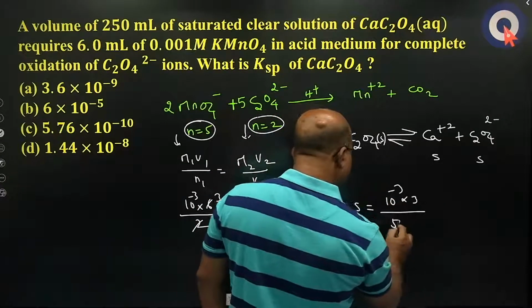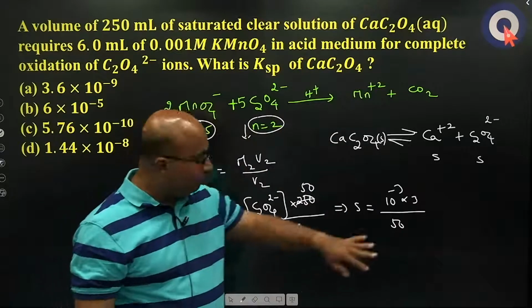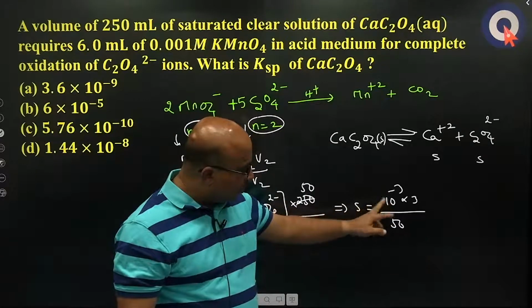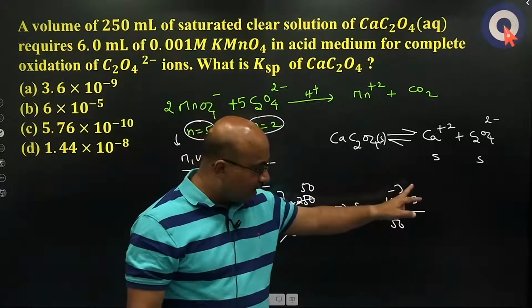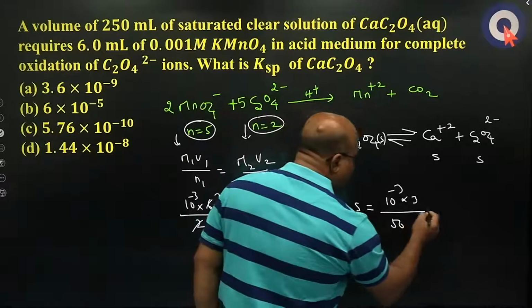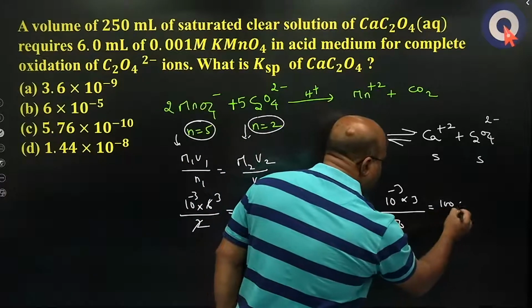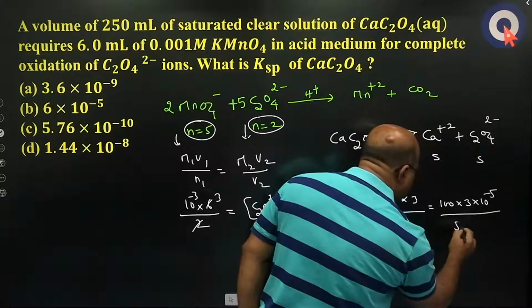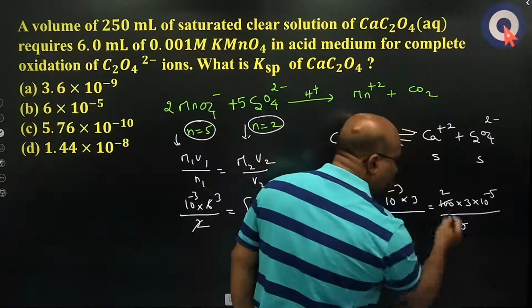by 50. Let us take 100 in this case, which means adding 10 to the power of -2 and 10 to the power of 2. So I can write this as 100 into 3 into 10 to the power of -5 by 50. So it becomes 2, so it's 6.